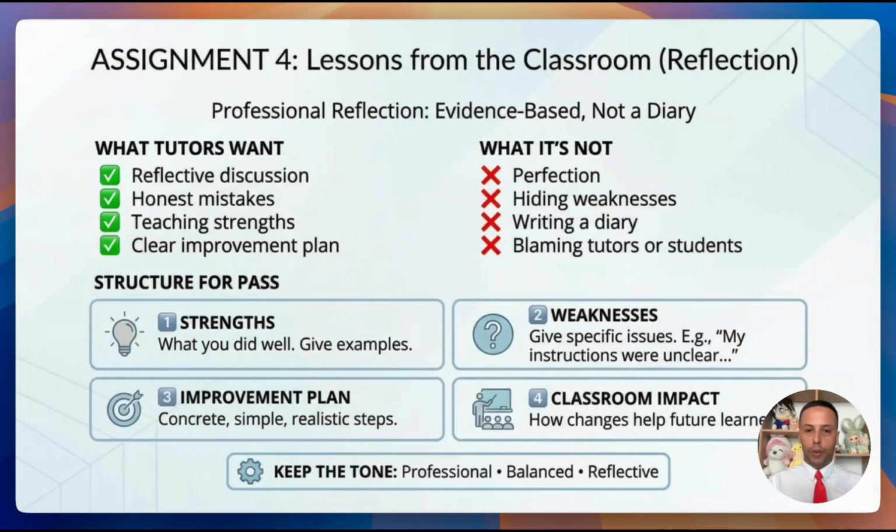Here is the structure for a pass. Section 1: Strengths. What you did well. Give examples: my lead-in engaged students quickly. I used a relevant image and I asked a personal question. This is personalization. So if it went well, just say it.